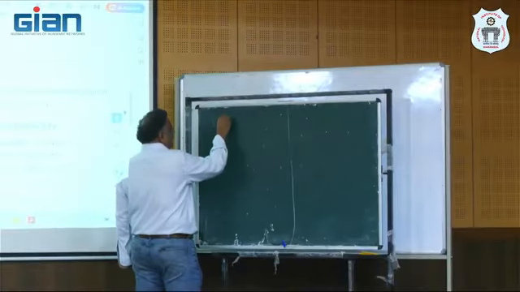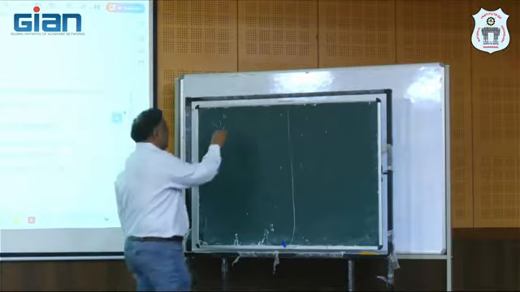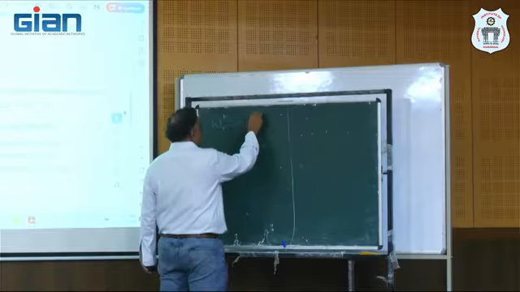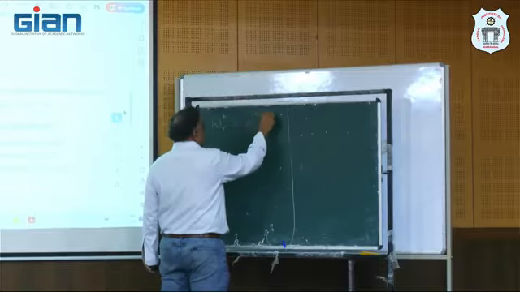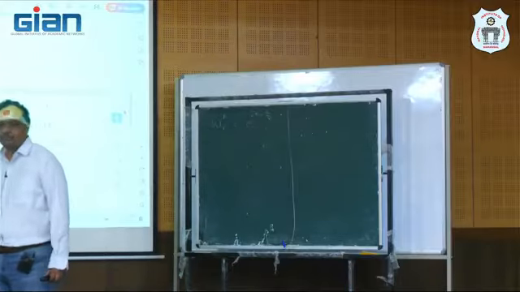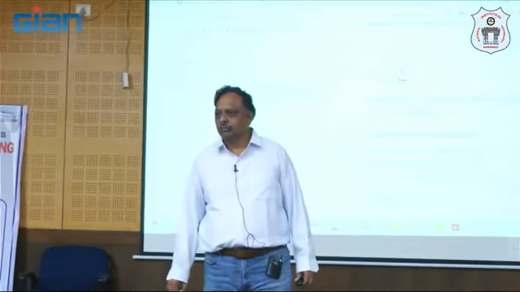Omega r to the k, correct? That was the eigenvalue. This is the same as e to the 2 pi i k over r. Agreed? Yes or no?